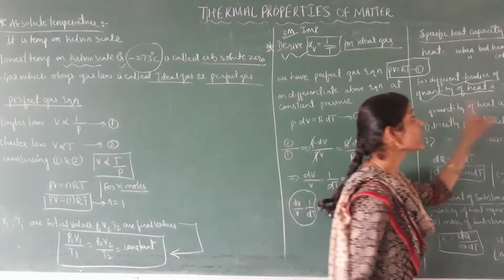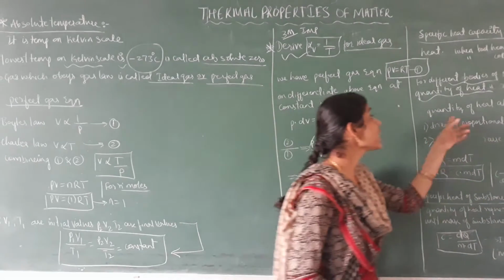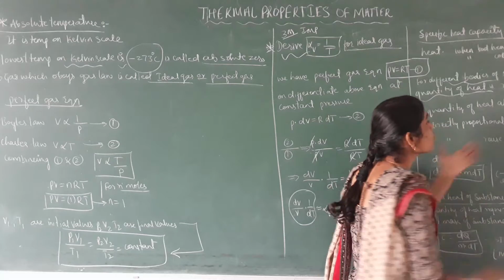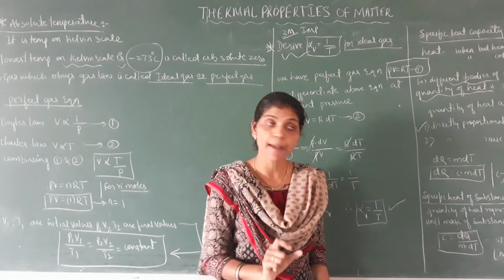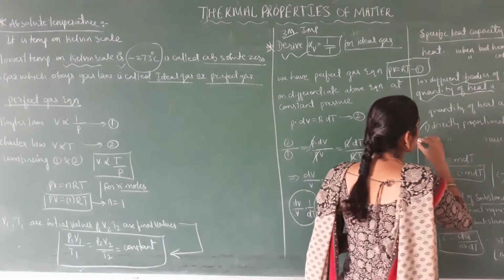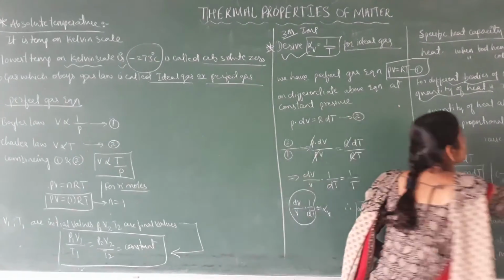The quantity of heat absorbed, represented by dQ, is directly proportional to the mass of the body, represented as m, and directly proportional to the rise of temperature, represented as dT.